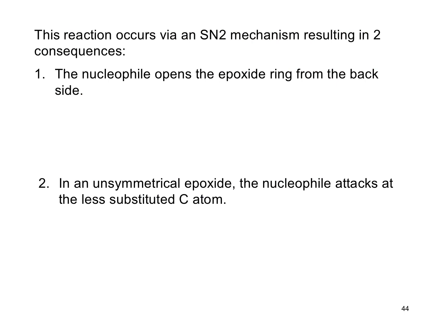This reaction occurs via an SN2 mechanism, and that results in two things. When we look at this reaction, we have these electrons coming in here to attack that partially positive carbon, and those electrons go up onto the oxygen.